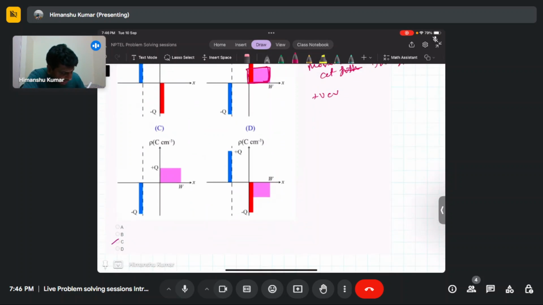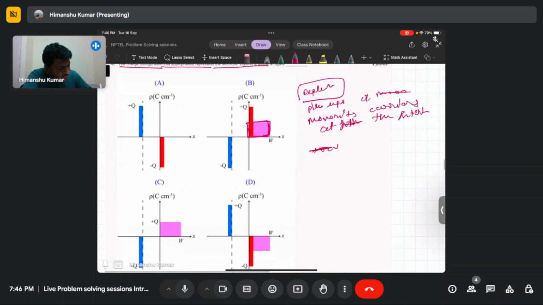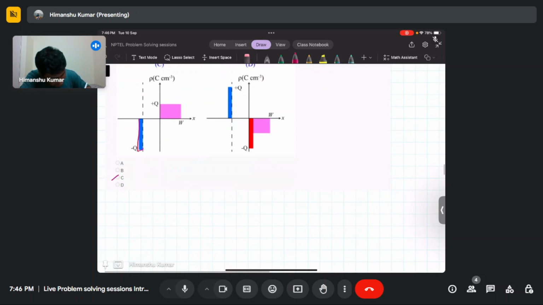For n type, the substrate charge will be positive because ions are positively charged, and a very small negative charge will build up at the interface. The interface has negative charge because somehow you need to balance the charge, as current has not yet flown.